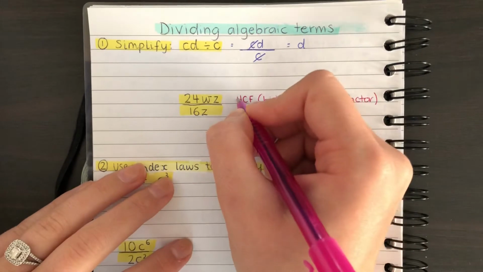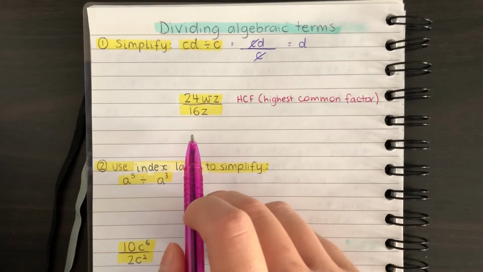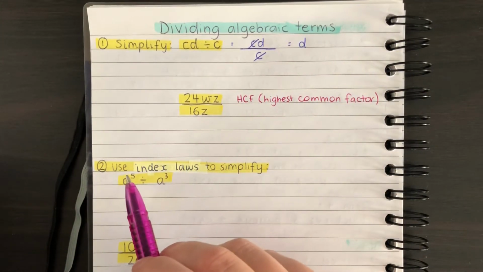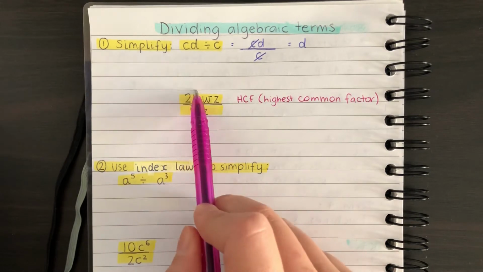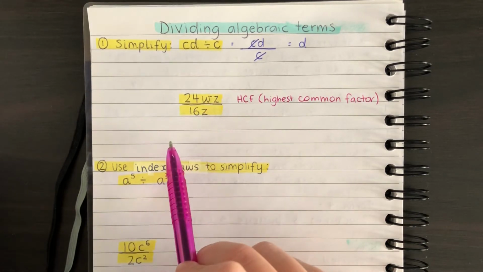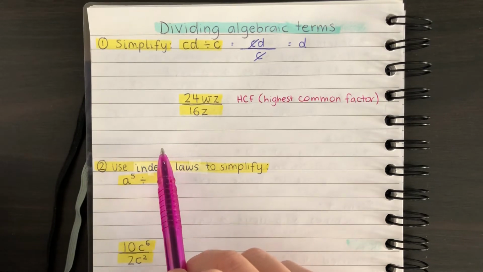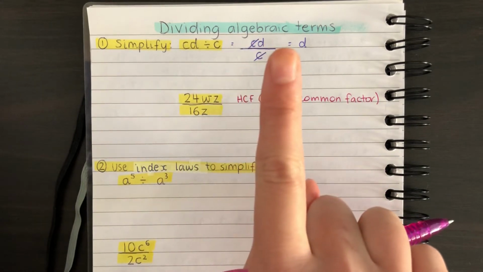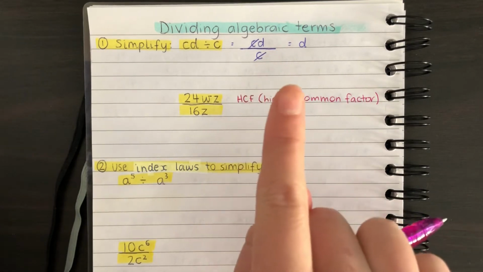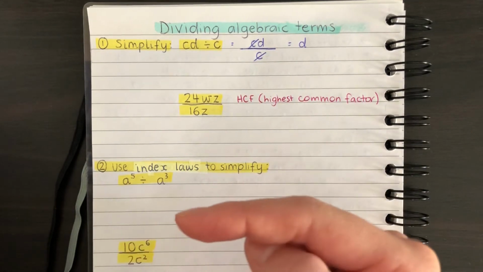Okay? What number, think of the largest number that will go into these two numbers evenly with no remainders. Okay, it's going to be one number, and then we'll use that number to then go ahead and simplify.